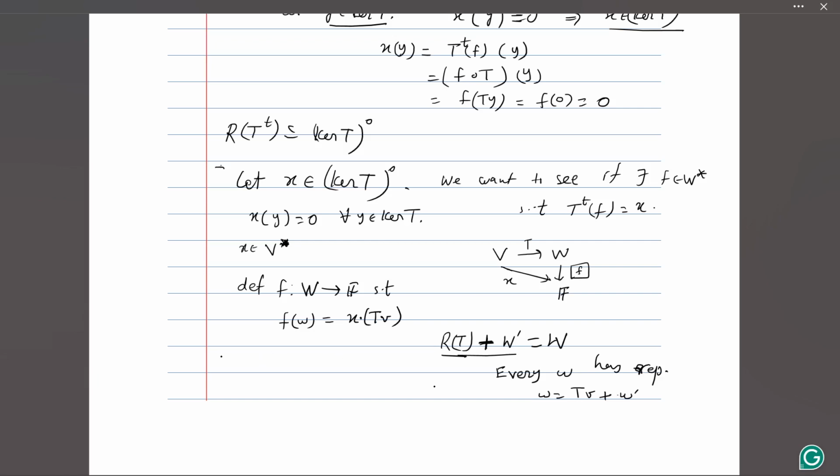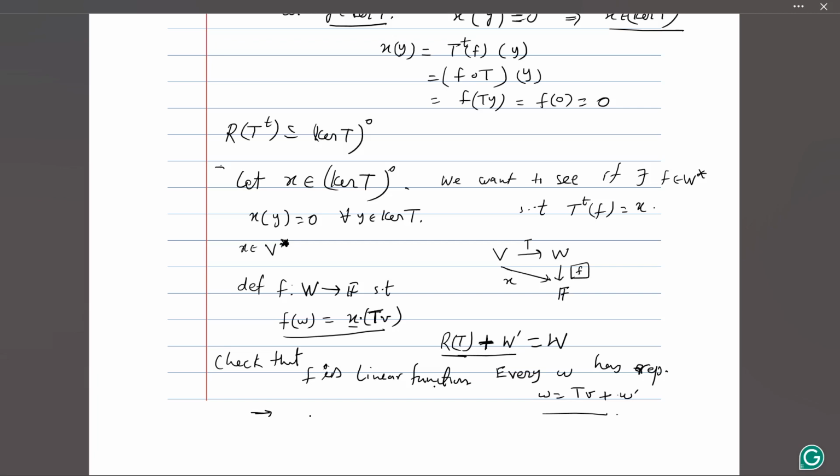Okay, that F is a linear function. This factorization is linear, and this definition is itself linear, X is also a linear functional, so F is a linear functional. F is mapped from W to the field. Okay, I'm saying this F will work. So by definition, it will work.